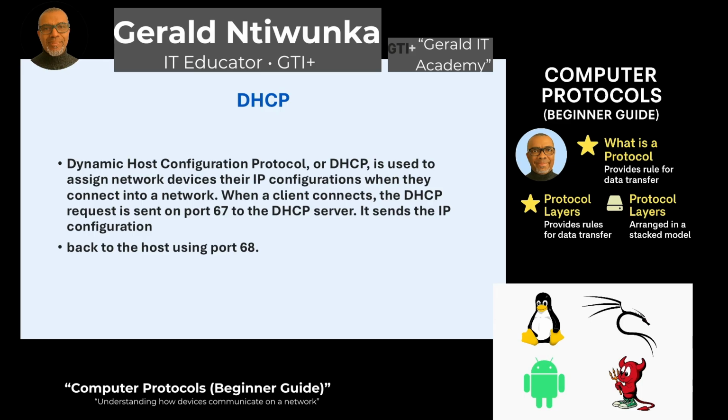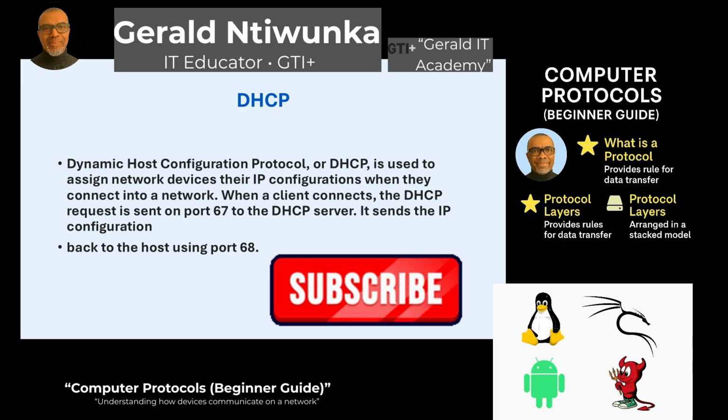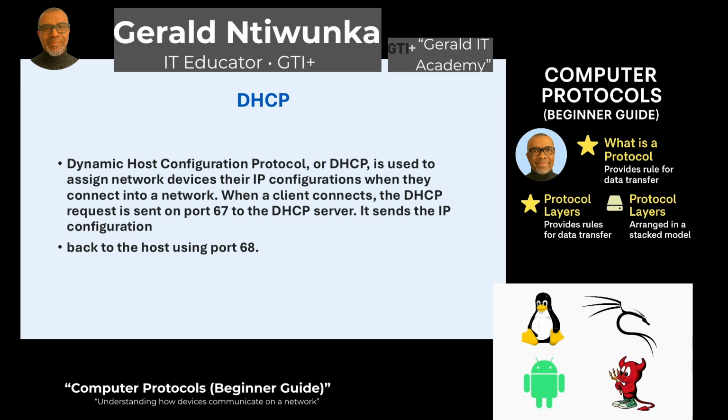For example, when a client connects, a DHCP request is sent on port 67 to the DHCP server, which sends the IP address configuration back to the host using port 68.